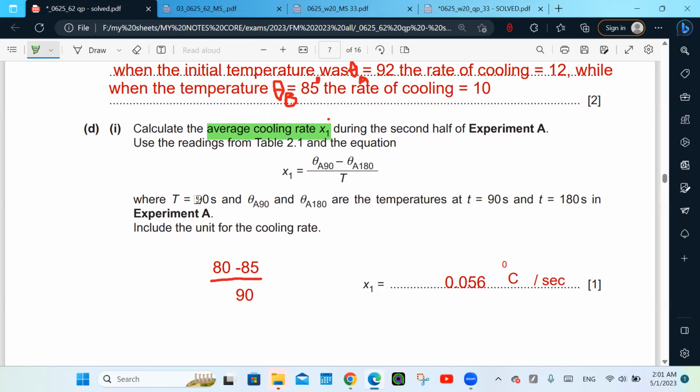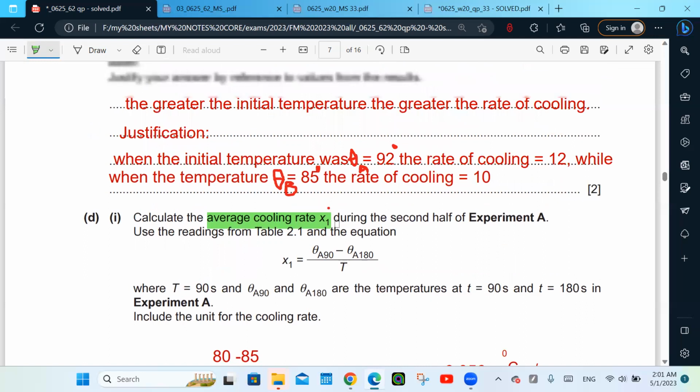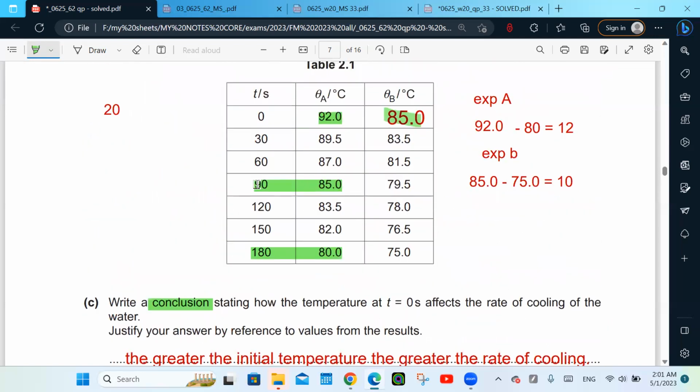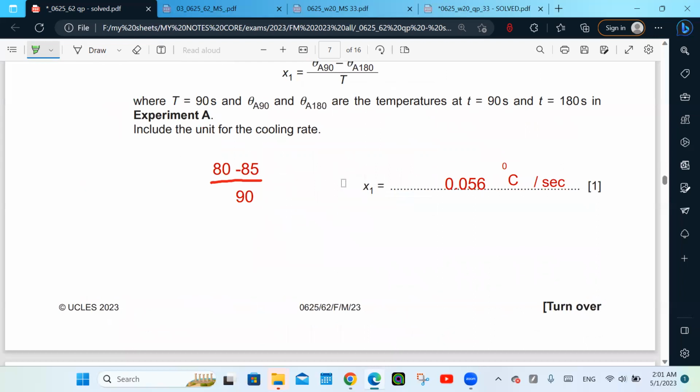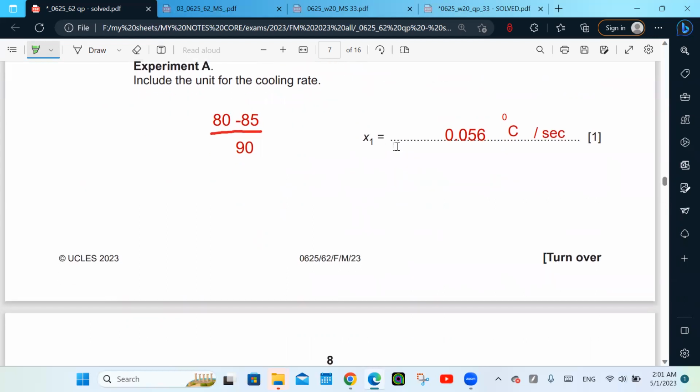So from time 90 until the time reached 180 seconds, we return back to the table. The temperature was 85 when the time was 90, and the temperature was 80 when the time was 180. And simply you can calculate the average by dividing over 90, which here is 180 minus 90. So X1 will be this number.